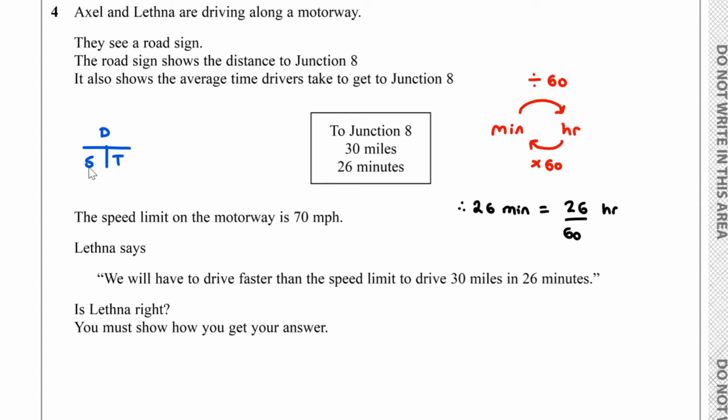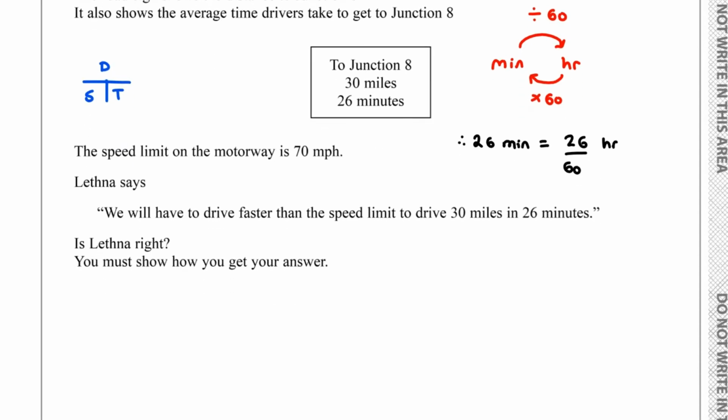So the average speed is equal to the distance, which is 30 miles, over the time, which is 26 over 60 hours.